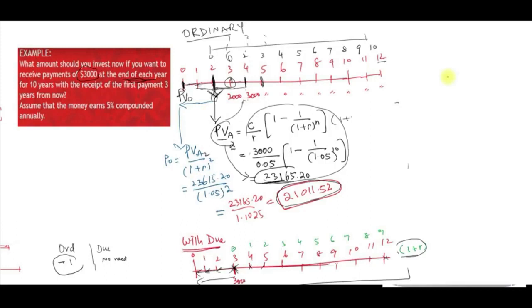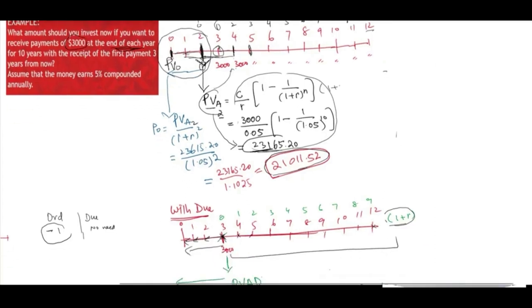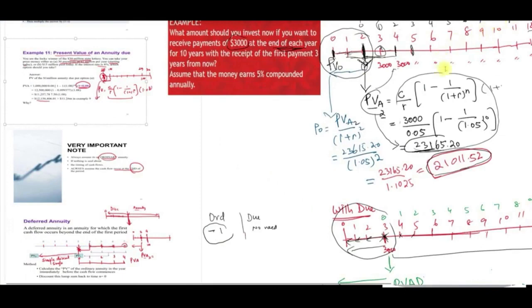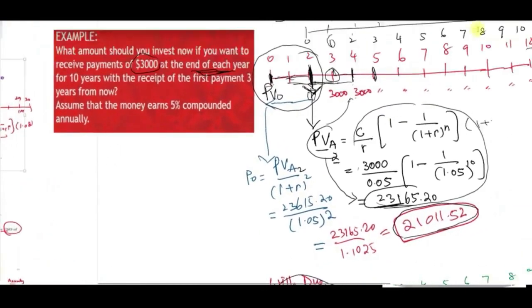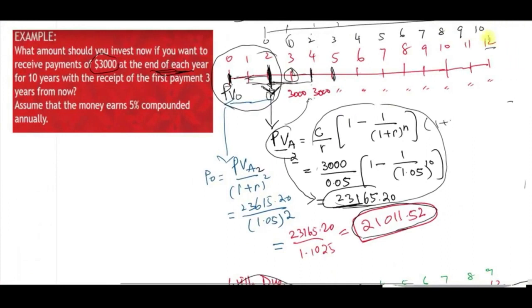The only difference would come here: we have to discount for 2 periods, but here we have to discount for 3 periods. This is important. Deferred annuity is the topic that students are most confused about, so they ask the most questions about it. I hope you understood it.